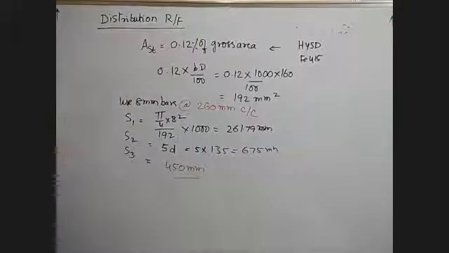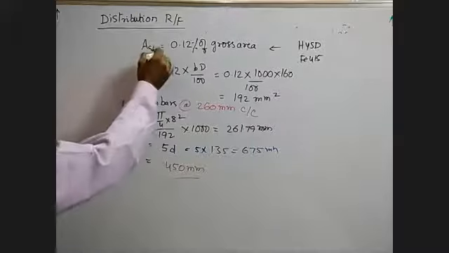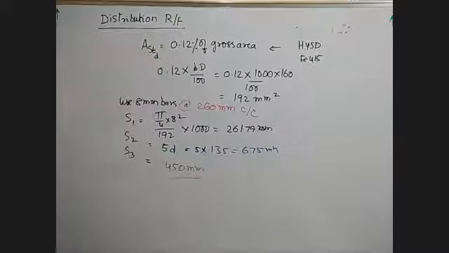This is the AST2 value, ASTD we can say, the distribution ASTD value. Now spacing we have calculated, it is 260 mm center to center. Now we'll see the check for shear and deflection.